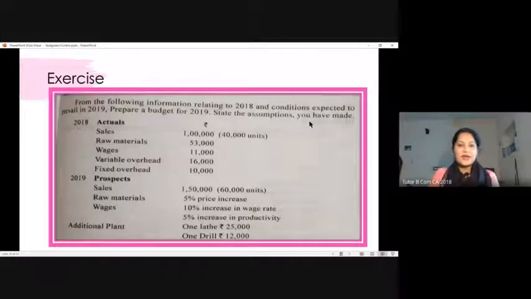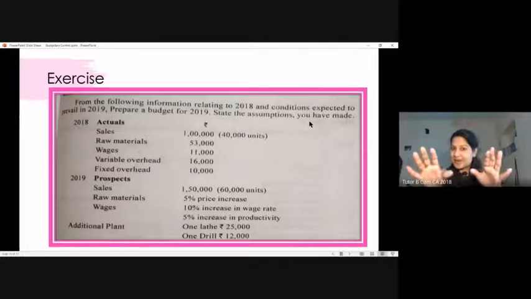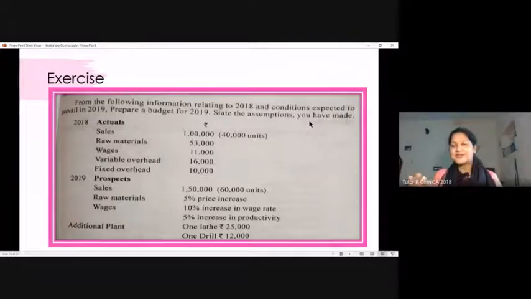See, you can see that in the question you are given the receipts, the actual for 2018 and the expected or the pre-planned one, the prospective plan for 2019. That is how they have given it in this, but the pattern is a little different. The previous one, we had the cost being categorized into semi-variable, variable, and fixed.